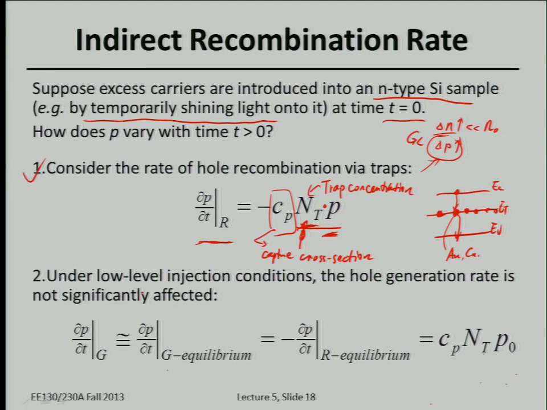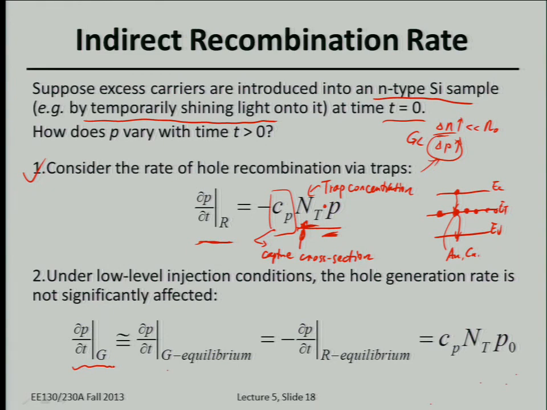So by holding these relationships, think about the equilibrium case, the steady state case, and also low-level injection. Think about my generation rate. It's the same as the equilibrium case, right? Because my sample is in a steady state, the generation for both electrons and holes should be the same.